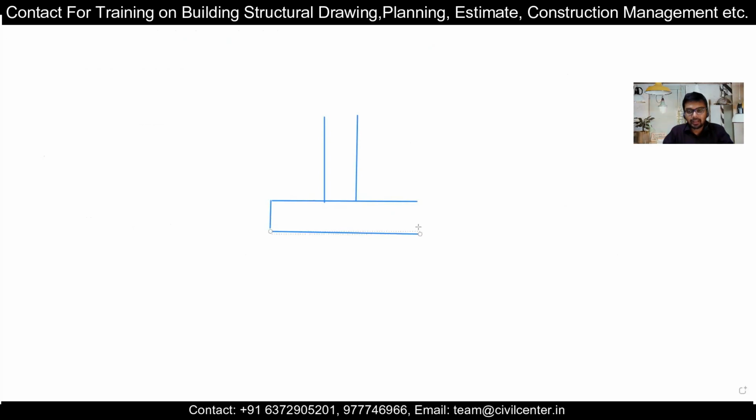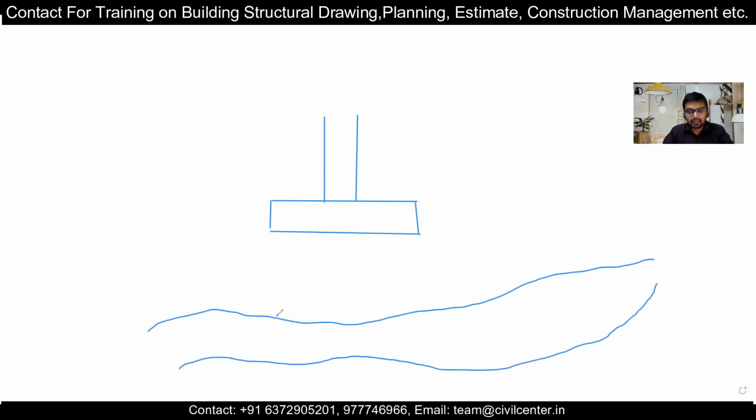So this moisture content affects our SBC. If this is a footing, the groundwater flow should be at a minimum distance. Suppose this is the groundwater flow here. So there should be a minimum distance between this footing and the position of the groundwater.